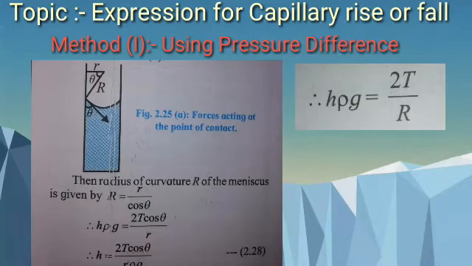The radius of curvature capital R of the meniscus is given by capital R is equal to small r by cos theta.